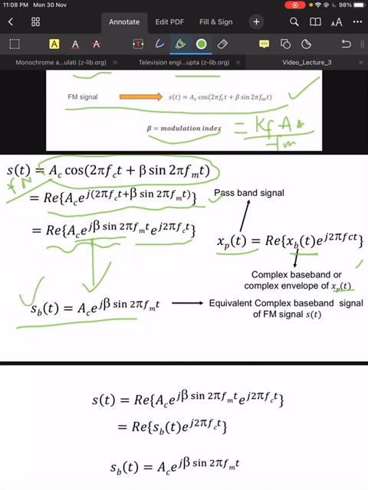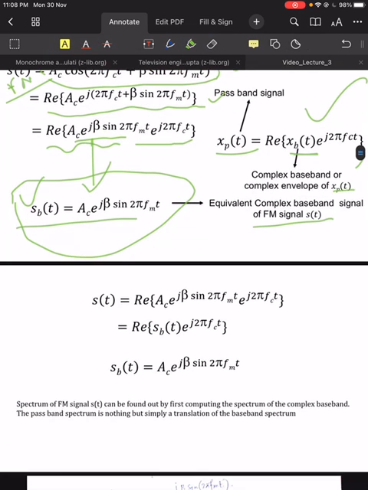We have discussed this thing in the early classes, right? So this is the equivalent complex baseband signal of FM signal s(t). This is a passband signal, and out of this passband signal, this is the equivalent complex baseband signal of the FM signal, right? So then let's see.